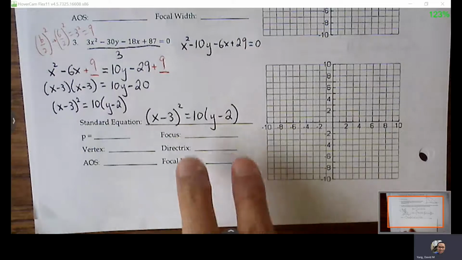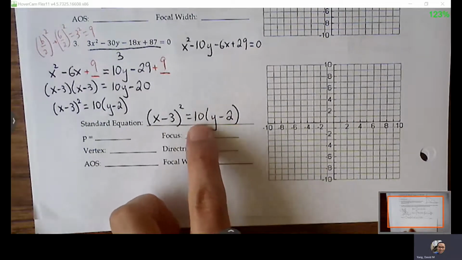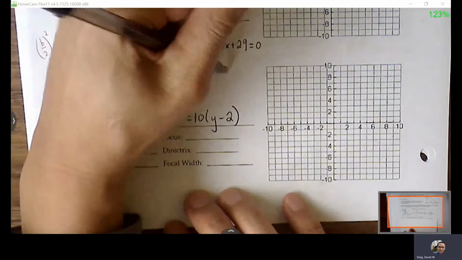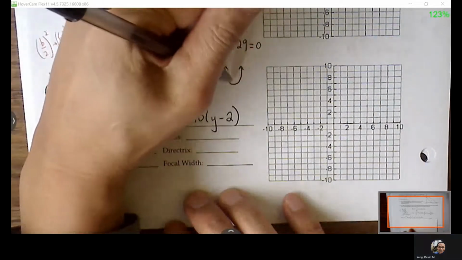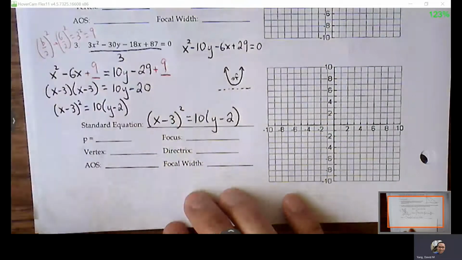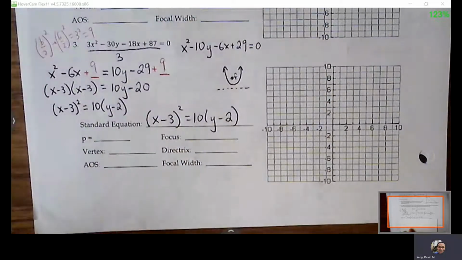Okay, how's this graph going to open? Up, yeah. The x is squared, so you know it's either up or down. The positive 10 tells you you're going to get a positive p-value, so it's going to open up. Okay, go ahead and finish off this problem.